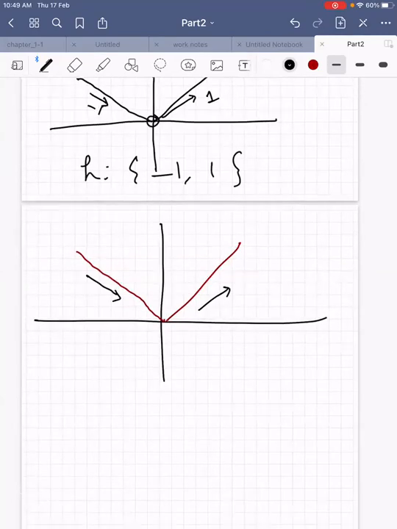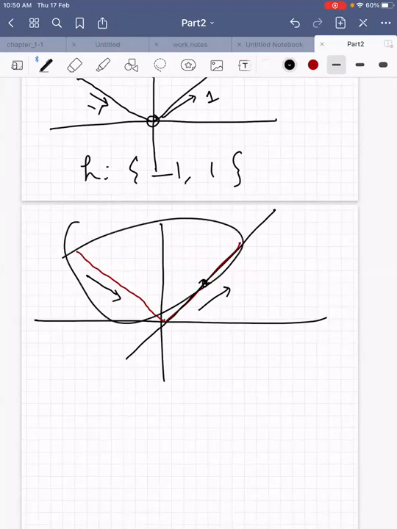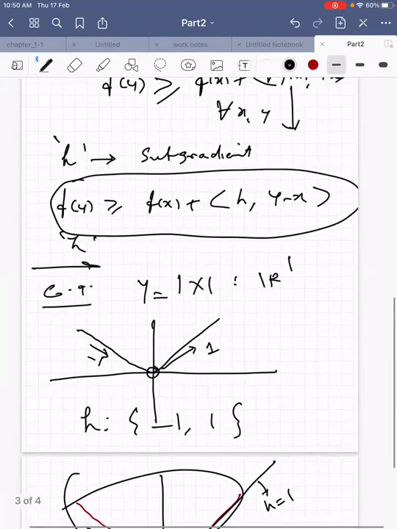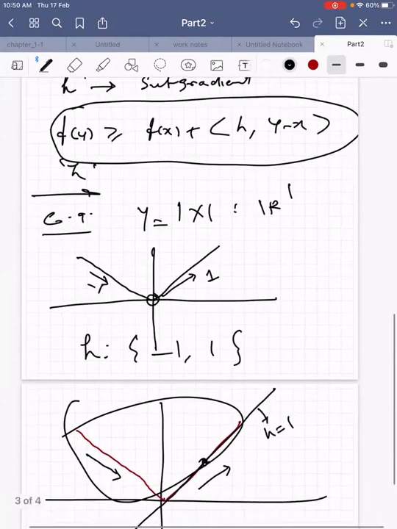Thank you, Anup. That's absolutely right. So he's saying that, let me take a point here. The first order approximation of this function at this point is basically the same line, right? And this line is underestimating the whole thing, and this line has a gradient h is equal to 1. So h is equal to 1 is a legitimate subgradient because it is underestimating the whole function.